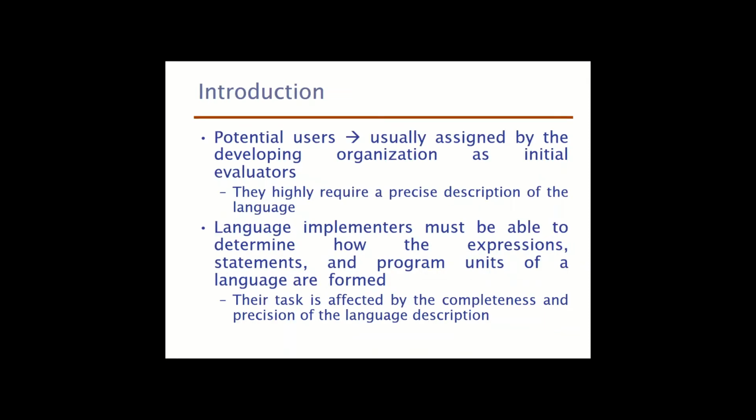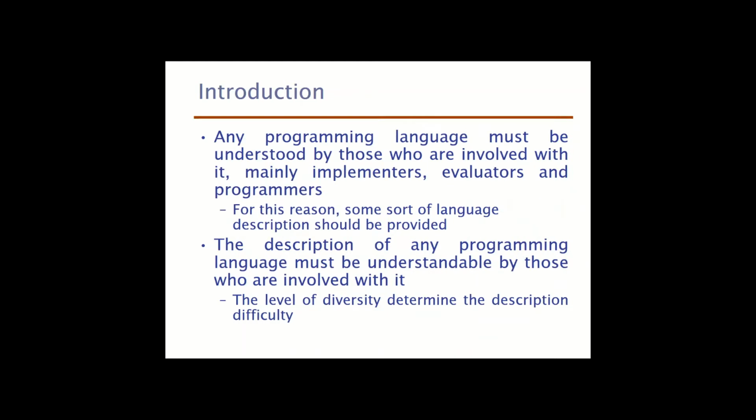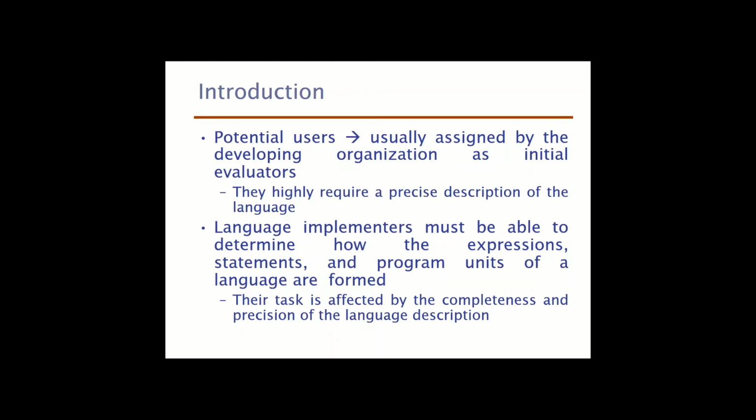All right. So I said I would explain about the potential users. Usually a programming language, before it is given to the public or provided as programming software, is tested, or must be tested, by some potential users, and these users work as evaluators.